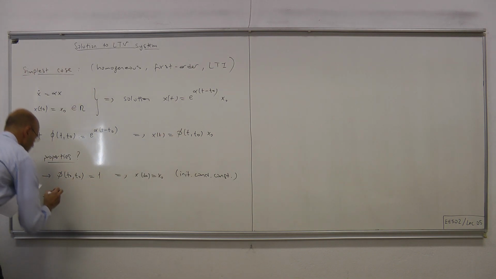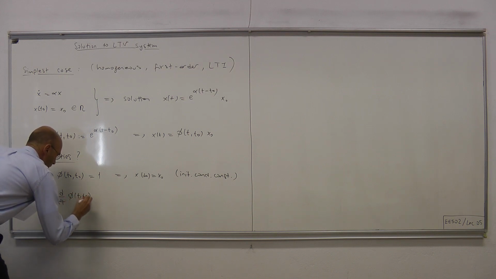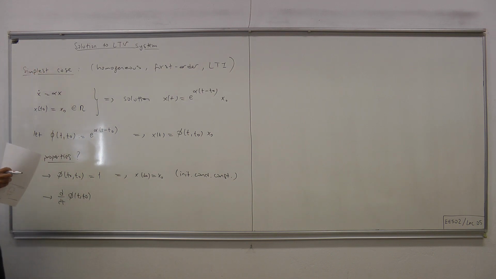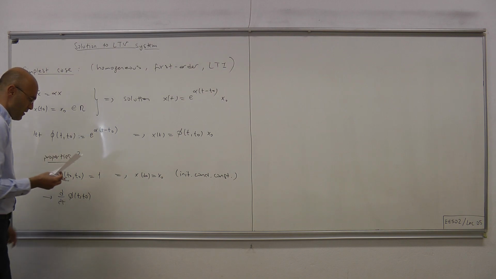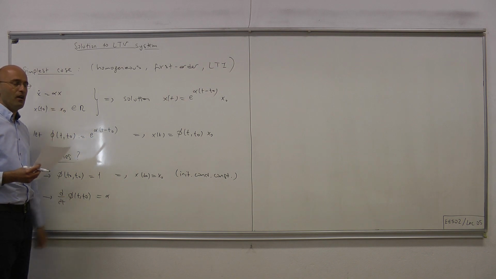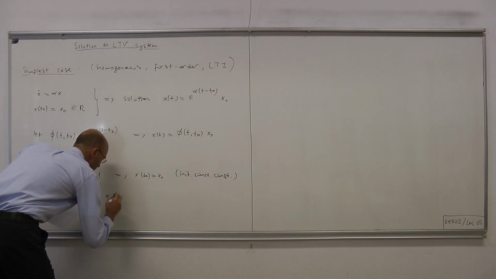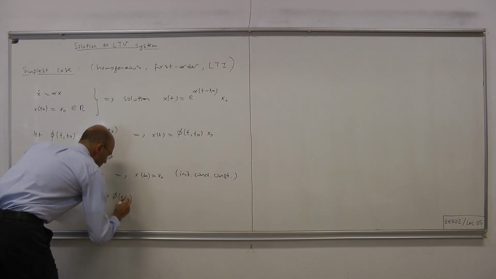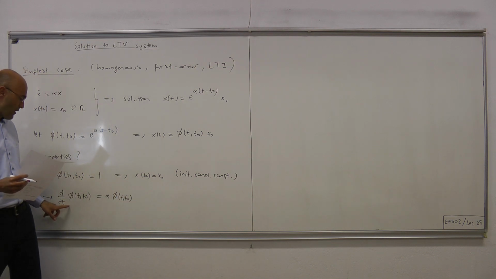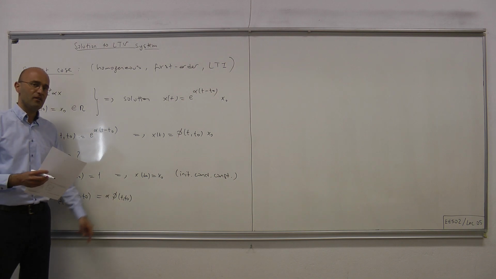If you differentiate phi with respect to the first argument, with respect to t, then what you have is your A matrix, in this case just an alpha, times that function itself, phi of t, t0. So we have phi dot equals alpha times phi.